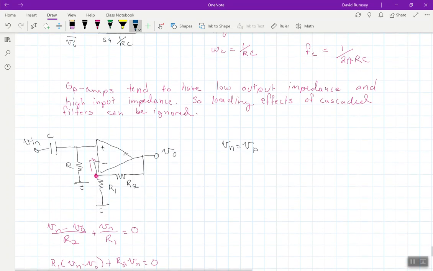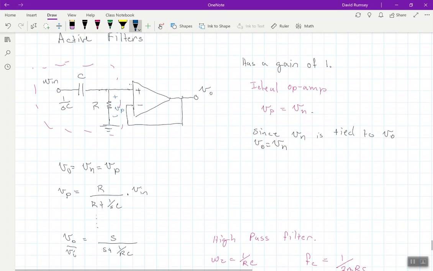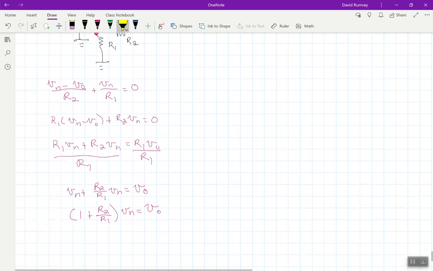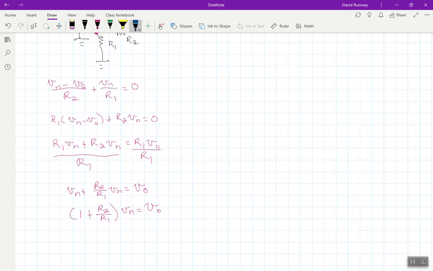Now, my Vn is still equal to Vp, which is still given by, well, technically it's given by this equation here. So I'm still going to have here that Vp is equal to S over S plus 1 over RC times Vin.